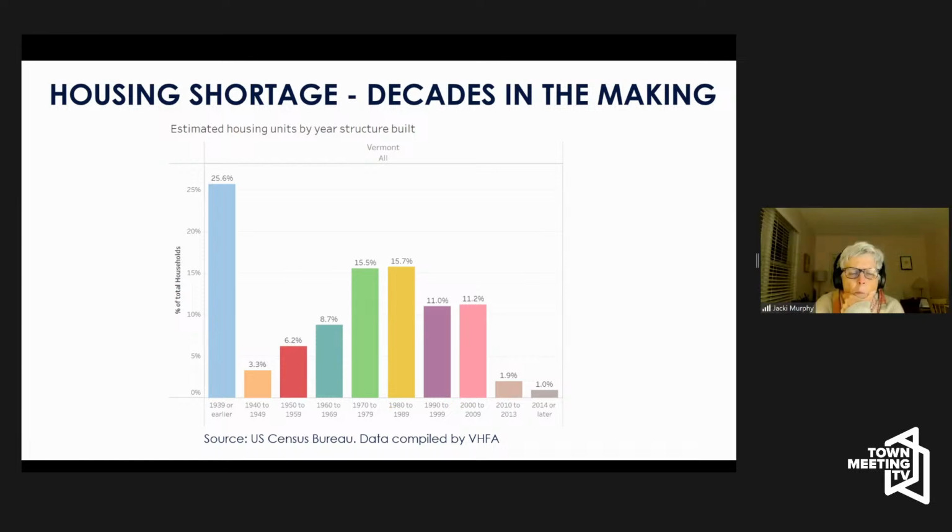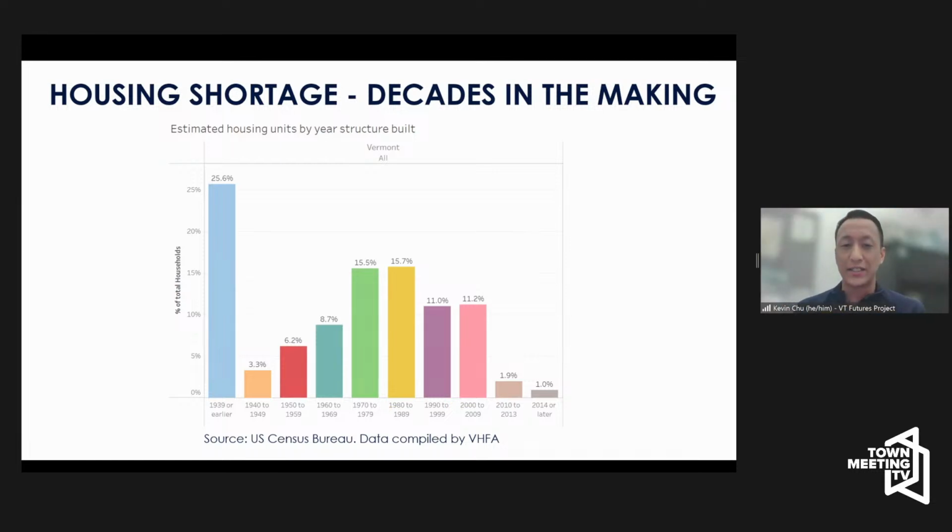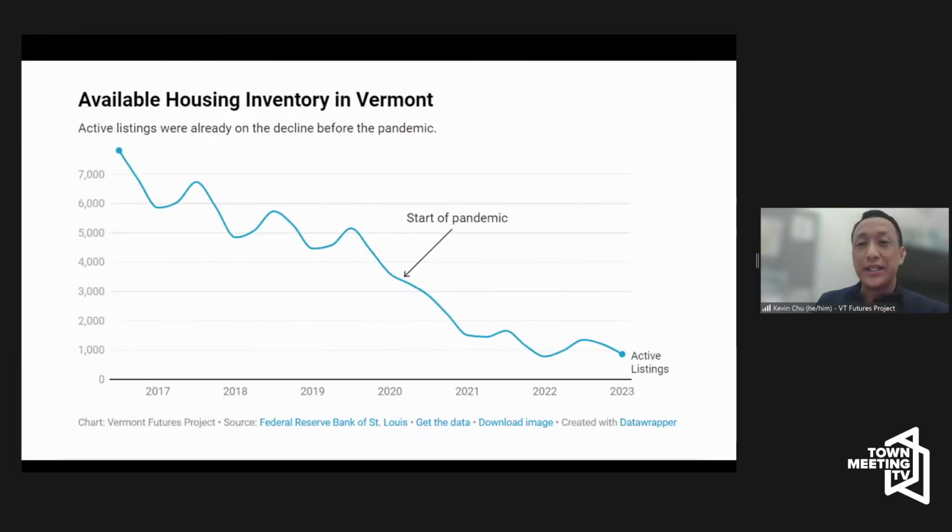The rate of new construction throughout the past few decades, we can see that Vermont used to construct new houses at a pretty fast rate. But that's dropped precipitously in recent decades. We can also use data to dispel some of the myths that are out there.